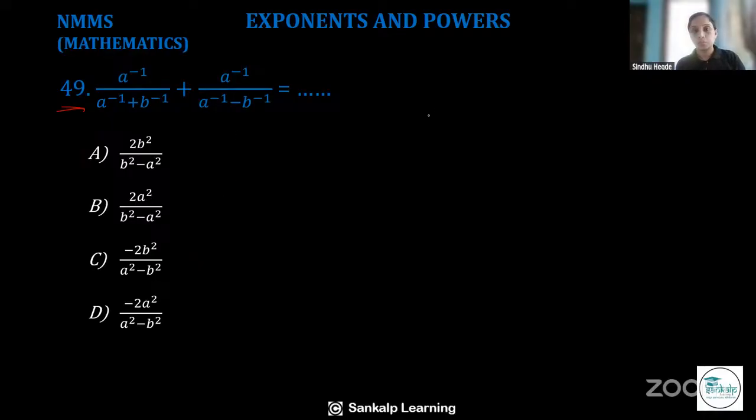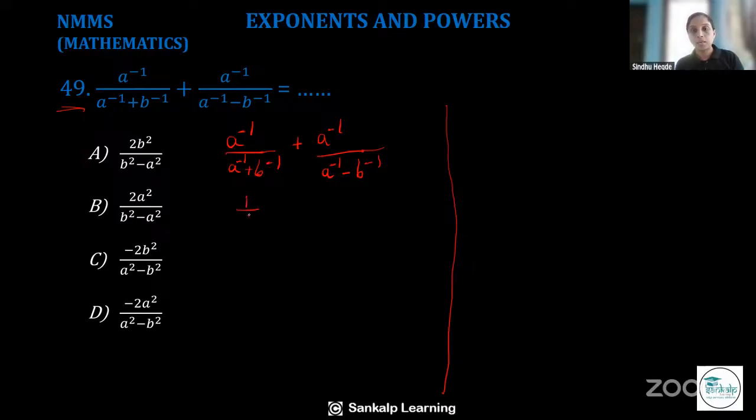Here the given term is a raised to minus 1 divided by a raised to minus 1 plus b raised to minus 1, plus a raised to minus 1 divided by a raised to minus 1 minus b raised to minus 1. Now remove all this negative sign. It indicates inverse. So a inverse is 1 by a.